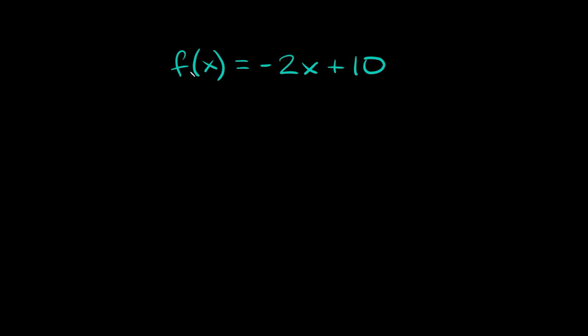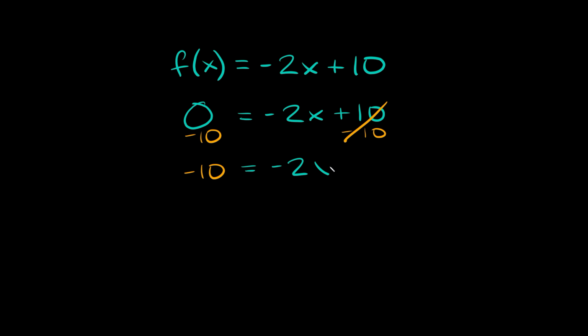For this first example, we have f of x is equal to negative 2x plus 10. So here, we're going to get 0 is equal to negative 2x plus 10. Solving for x, the next thing we can do is get rid of this 10 by subtracting 10 from both sides. This side they die. 0 minus 10 is equal to negative 10, and that's equal to negative 2x.